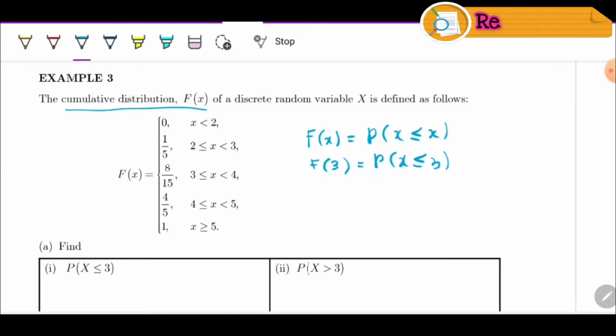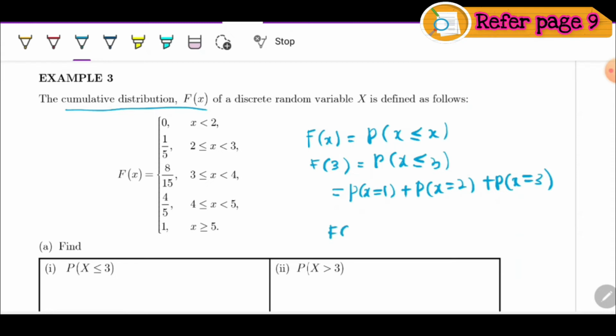It means the sum of the probabilities up until x equals 3. So P(X=1) plus P(X=2), P(X=3). So you must remember that F3 is not equal to the probability x equals 3.